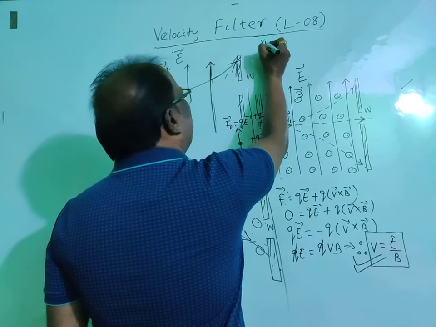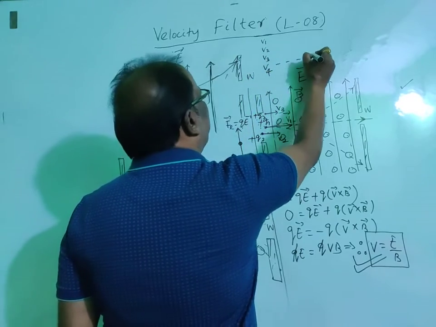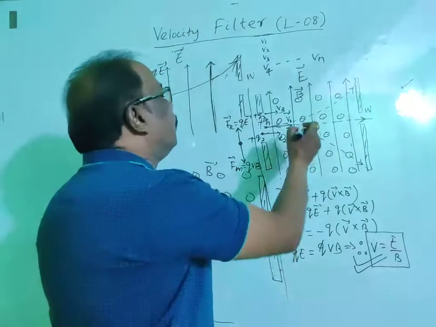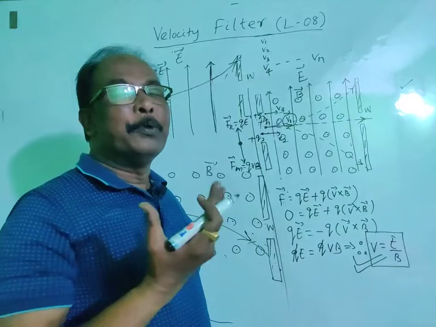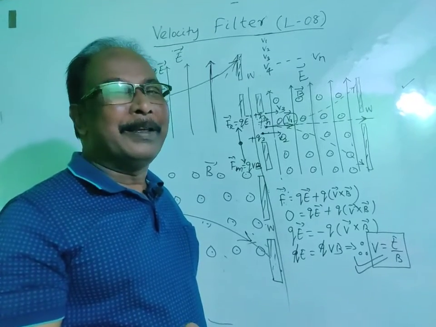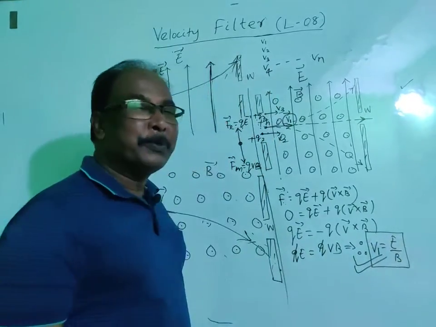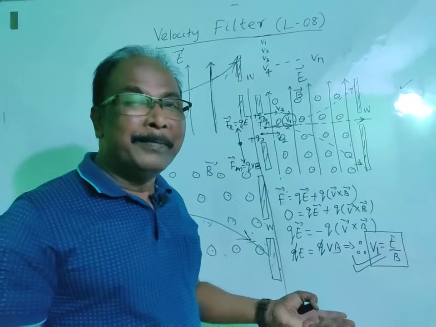So there are different velocities V1, V2, V3, V4 up to Vn. Suppose you want to allow only the charged particle which has velocity V1, then V1 should be equal to E by B.